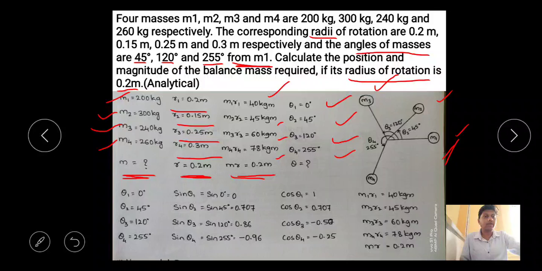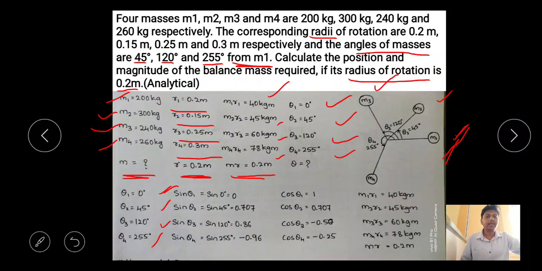I have taken all these masses from m1, because in your problem statement it is given from m1. So theta 1 is always 0 degree, theta 2 is 45 degree, theta 3 is 120 and theta 4 is 255 degree.